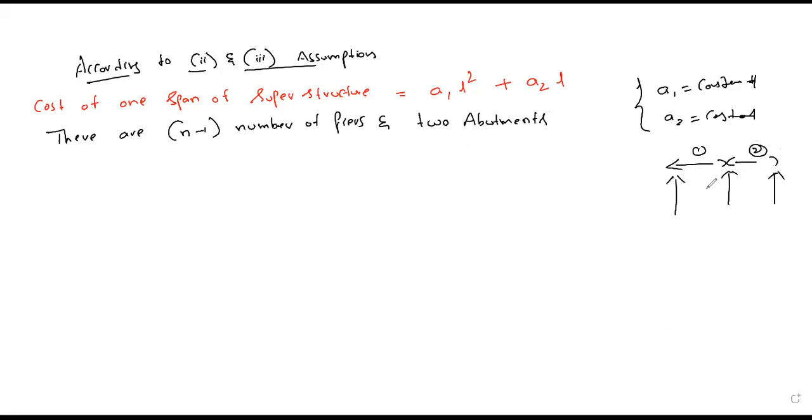Okay. Right? How many piers you will have? Because this is an abutment, this is a single pier, this is an abutment. If you are having 2 spans, how many piers will you have? Sir, only one, sir. 1 pier. That is what. So there are n minus 1 number of piers. Okay. Why? Because n is nothing but the number of spans. N minus 1 is the number of piers, and there will be only 2 abutments.